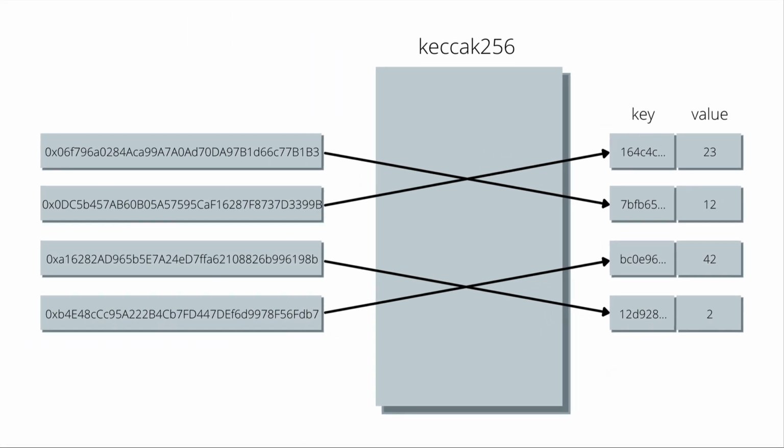And likewise, retrieving the value is a quick two-step calculation. Again, first calculate the hash, and then instead of writing, you would read the value at the storage address 12D. If it was previously set, it will, for example here, return the value 2.